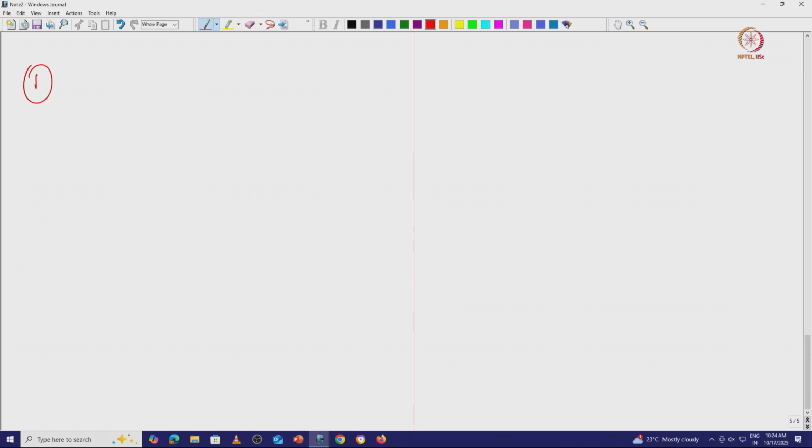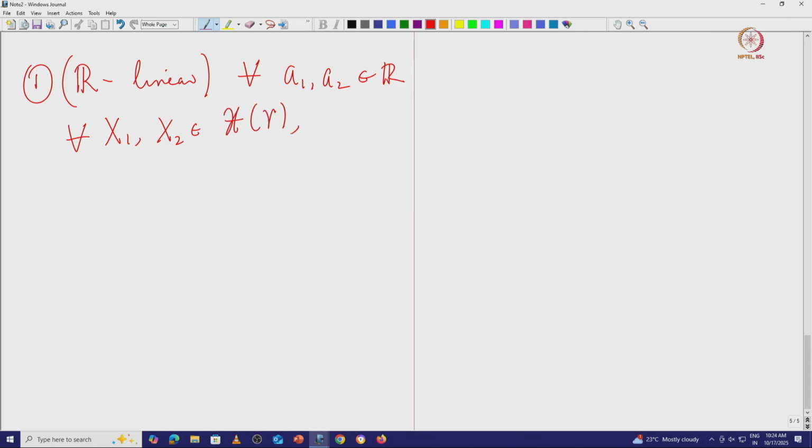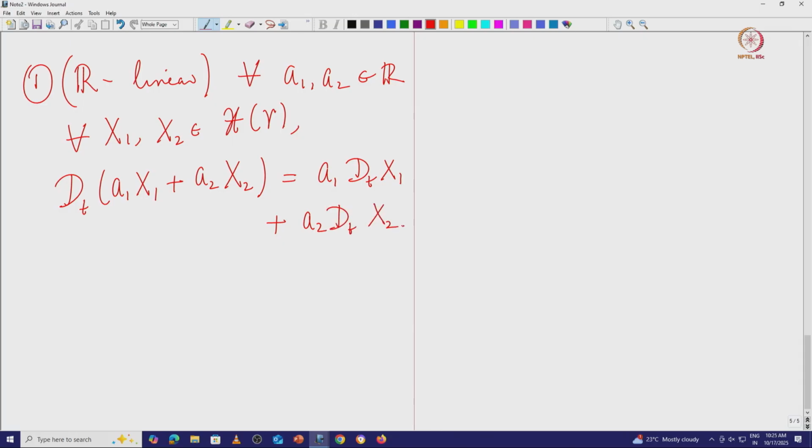So it's firstly R linear. So that means for all A1, A2 in R and for all x1, x2 vector fields along gamma, if you calculate this, then you get this relation. So that's R linearity. Then of course we also want a Leibniz rule to be satisfied.